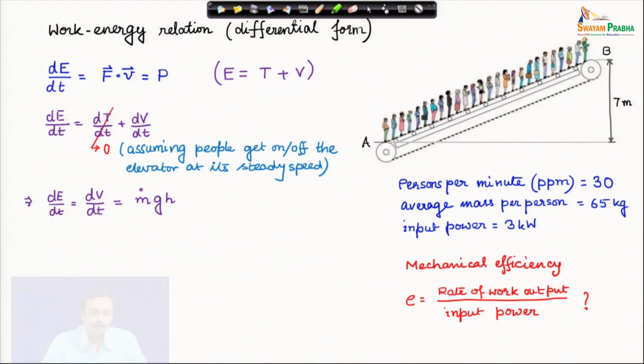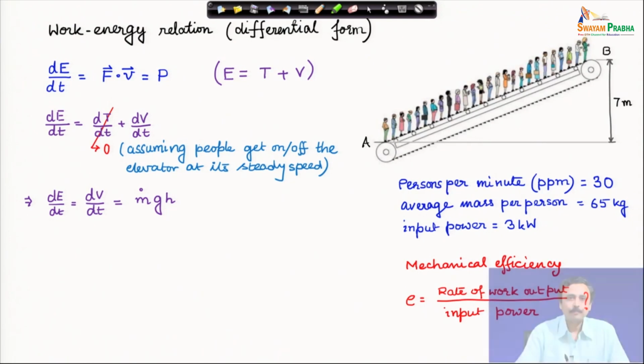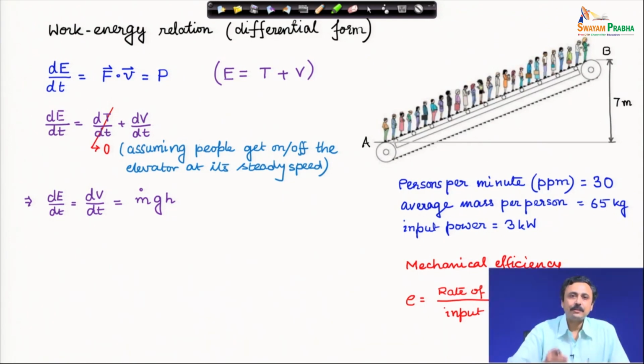In that case, the rate of change of total mechanical energy is nothing but the rate of change of potential energy of the system. Now, the potential energy is nothing but mgh. How can it change? m is normally a constant, g is a constant, h is fixed, it is taking these people up by 7 meter. Therefore, what is the rate of change of potential energy?